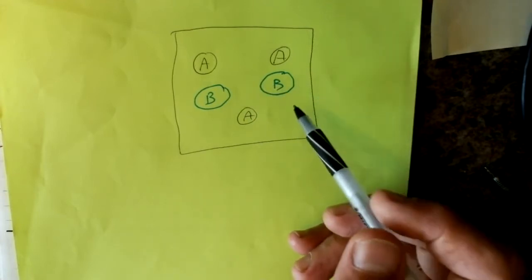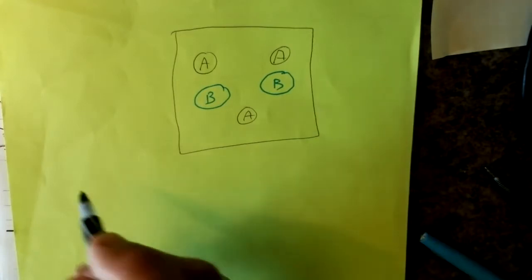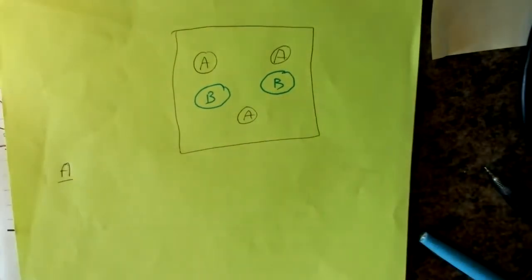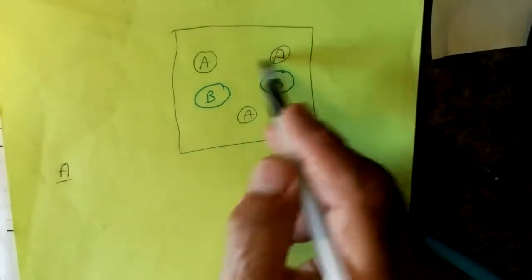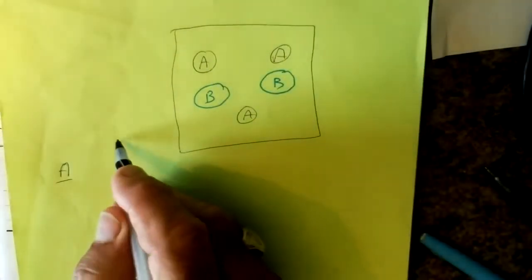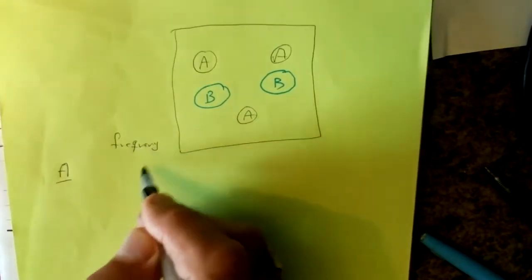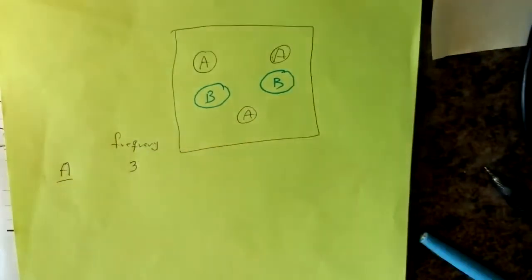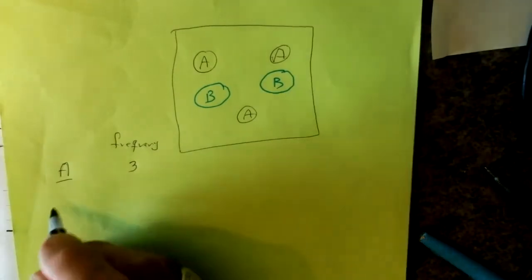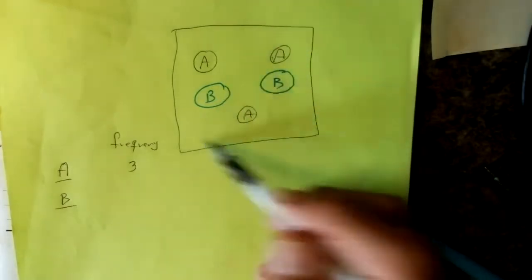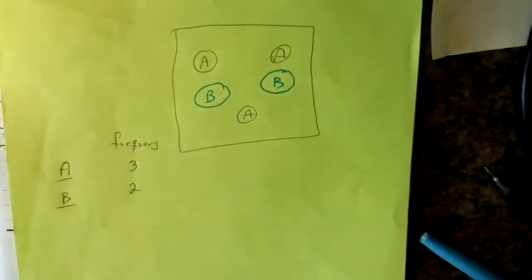So if I want to create a frequency table for this, for the letter A, how many A's do we have here? 1, 2, 3. So the frequency of letter A is 3. What is the frequency of letter B? How many of letter B are there here? 2. So this is a frequency table.